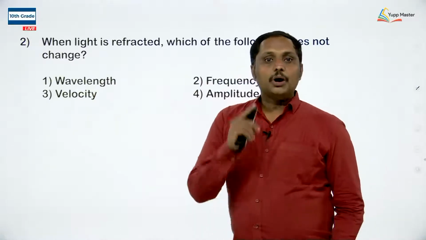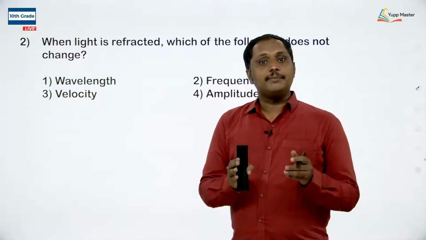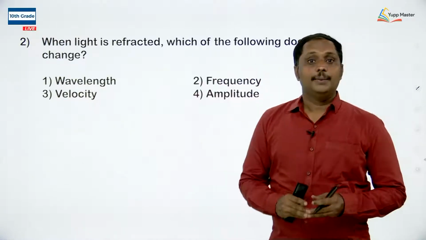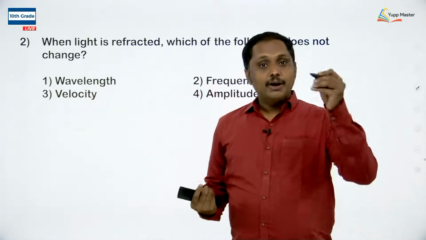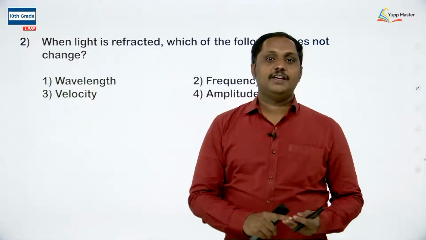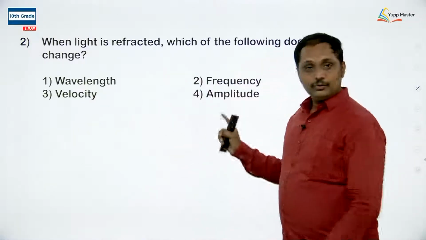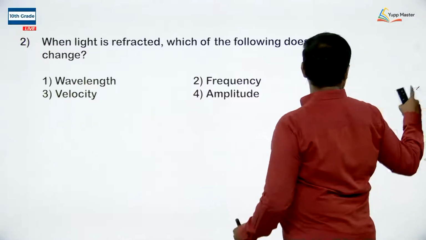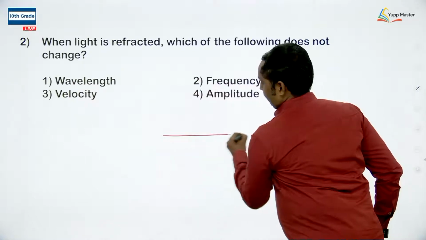The frequency depends on the source which generates the light. The number of oscillations made per one second is known as frequency. So, light is traveling in the form of a wave. Let us have a look.